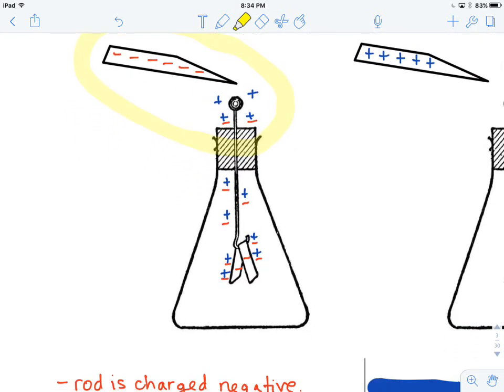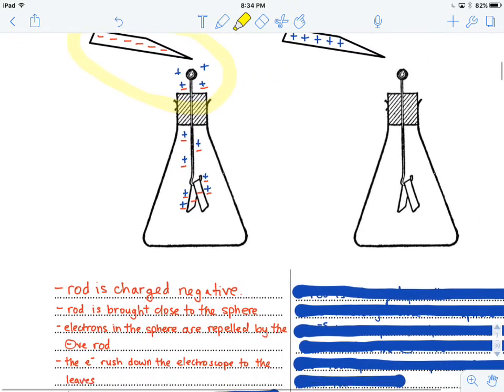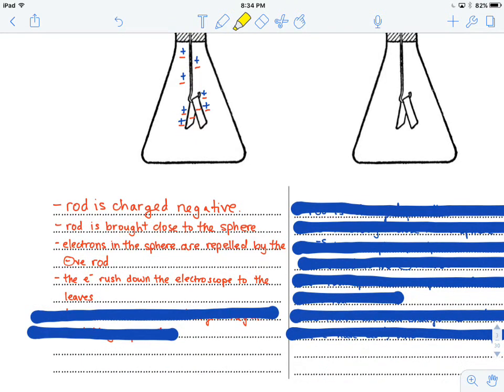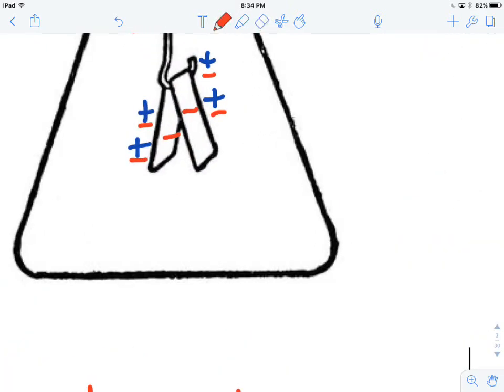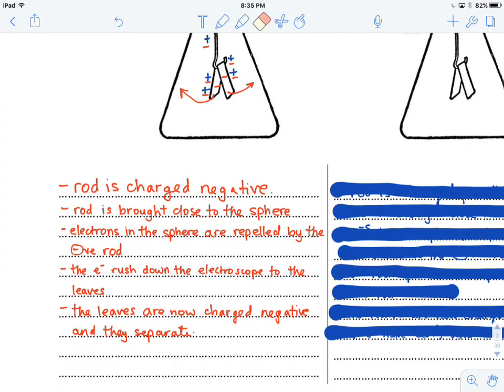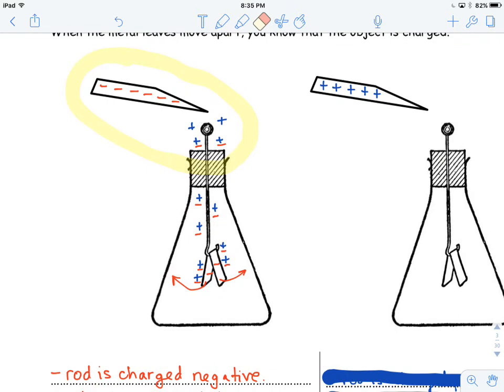Some of the electrons have left, which means that the positives up here will balance with the negatives up here. But the trade-off is that now in the leaves, we have many electrons. So the leaves are now charged negative, and because they can move, they will want to get away from each other, and so they will separate. And that's how we know if the object is charged. When we bring it close, the leaves will separate.